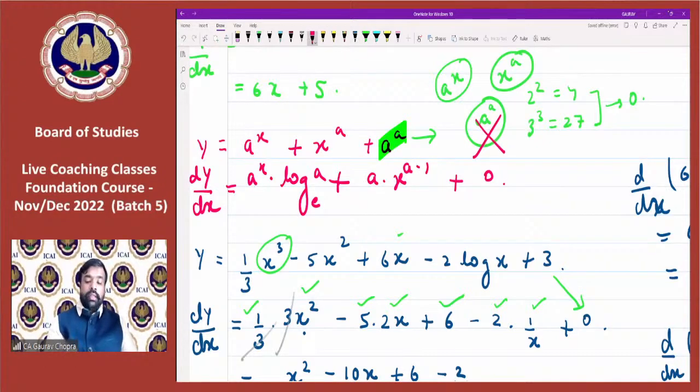यहाँ पे कोई वेरिएबल नहीं है. तो वेरिएबल कौन सा है, कैसे पता चलेगा? The question is saying differentiate with respect to x. So x is a variable and all other alphabets except x are constants. Okay, because we have to differentiate with respect to x, so this x will be variable and others are constant.